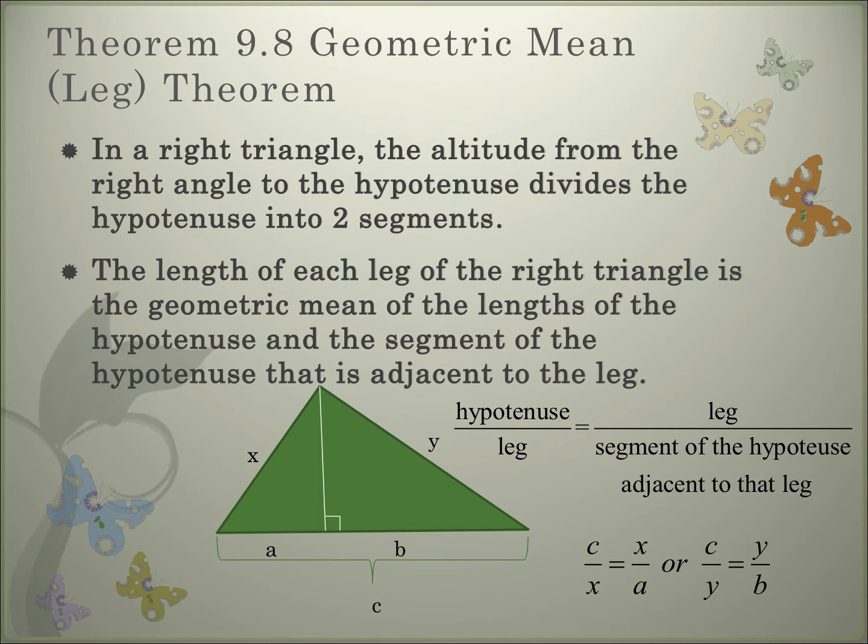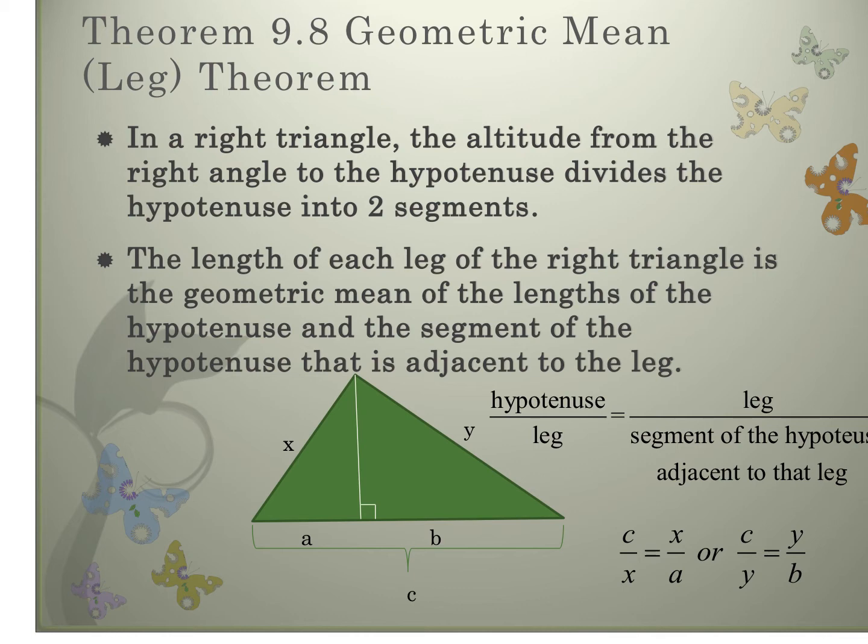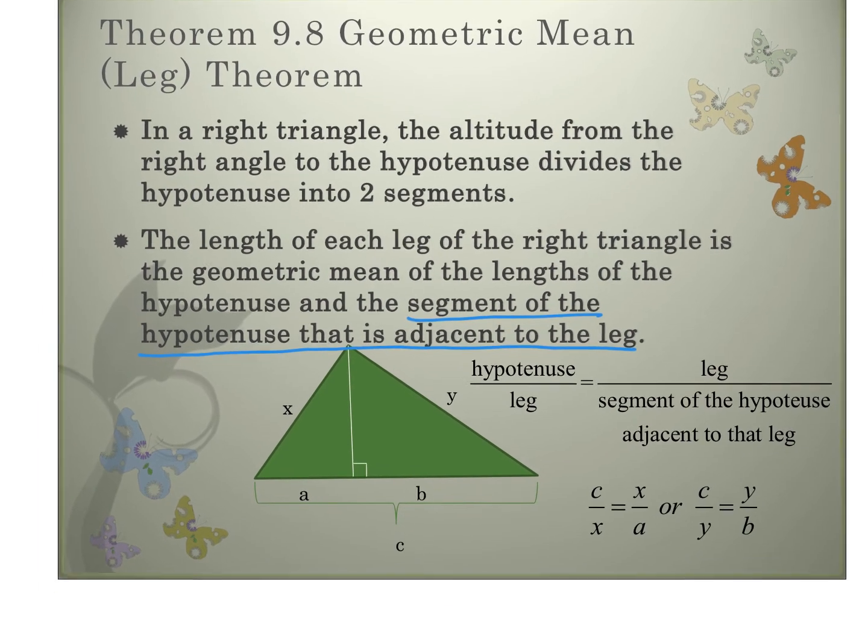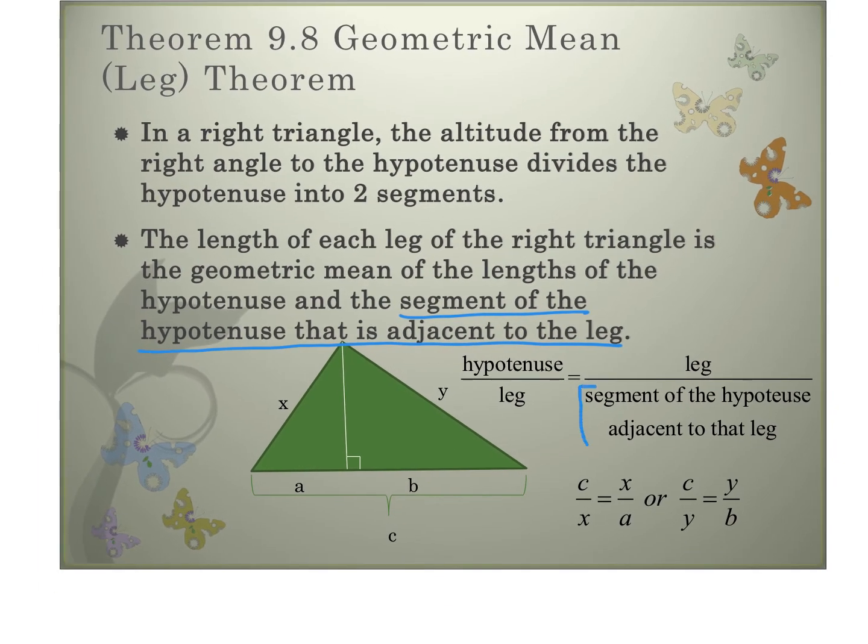Lots of words here. I'm going to give you an acronym for this last part of this last sentence. So right here where it says segment of the hypotenuse that is adjacent to the leg, because that's the part that's going to go in the bottom of this fraction, I give it an acronym.